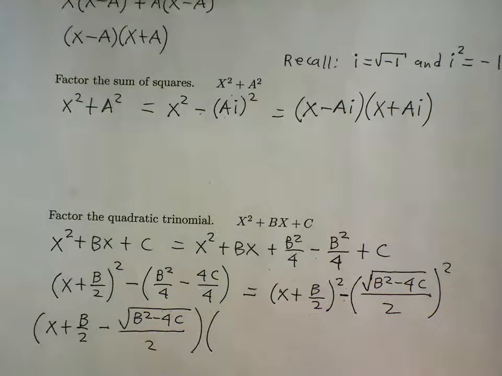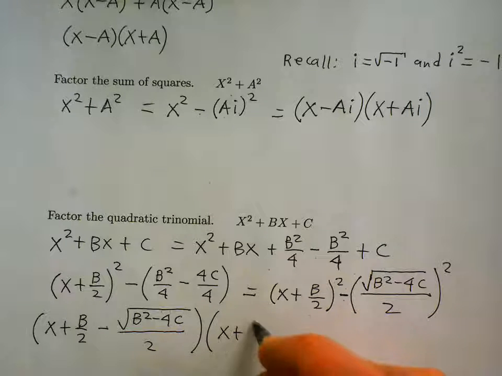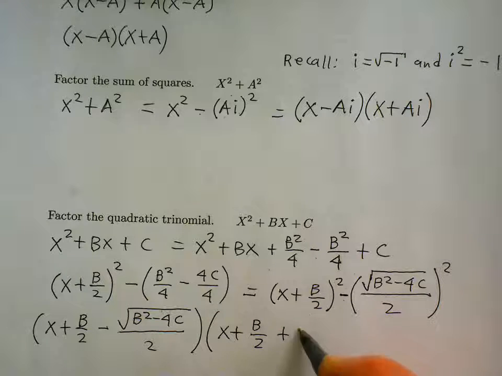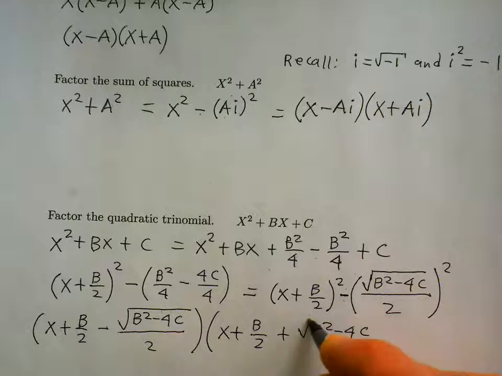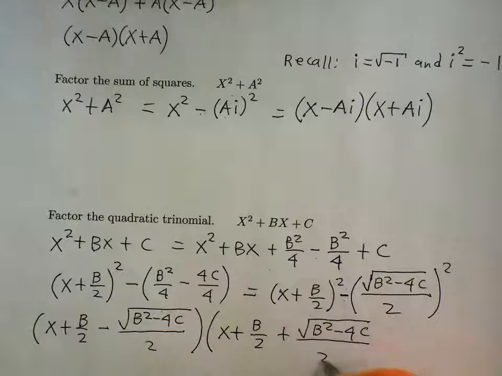And the other factor is x + b/2 plus the square root of b² − 4c over 2.